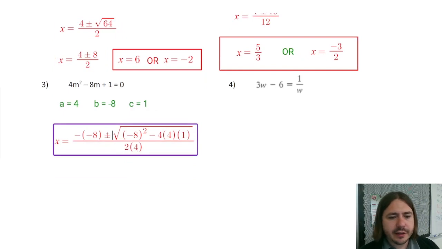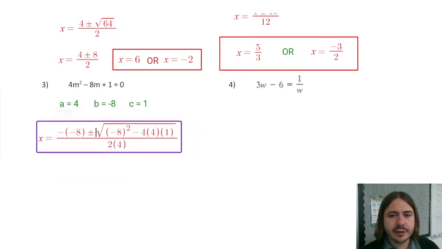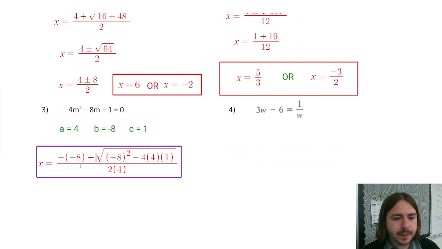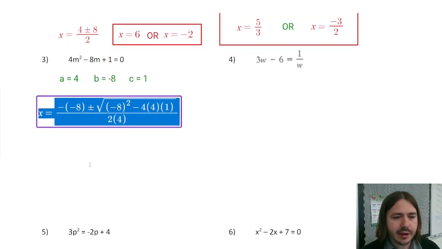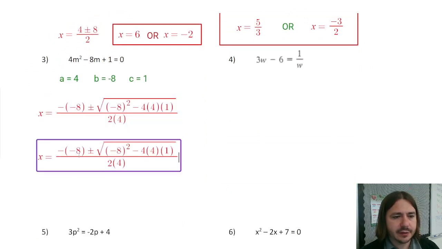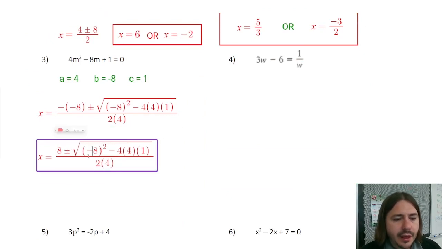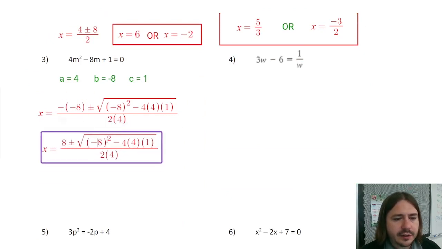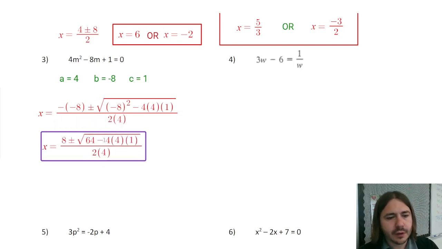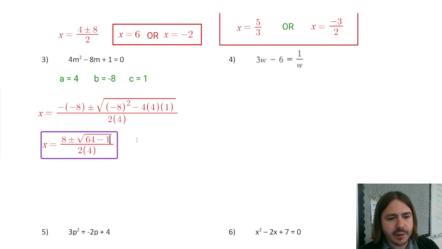Okay, so now let's go ahead and simplify all this stuff. Negative 8 is just going to be positive 8. 8 squared is 64. Replace this with 64. 4 times 4 is 16, so it's going to be minus 16.